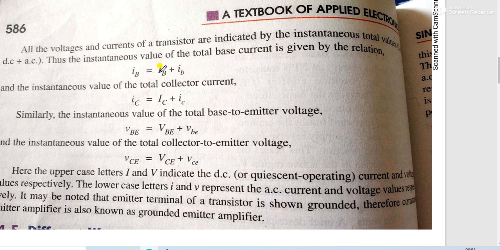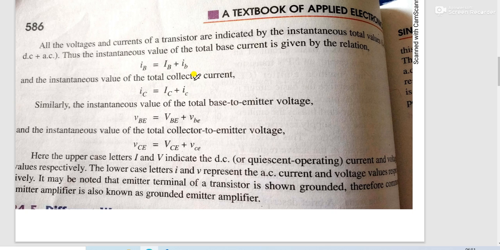Here the capital, uppercase letters I and V indicate the DC or quiescent operating current and voltage values respectively, and the lowercase letters i and v indicate the AC currents and voltages.